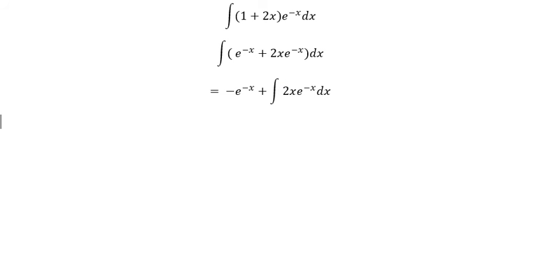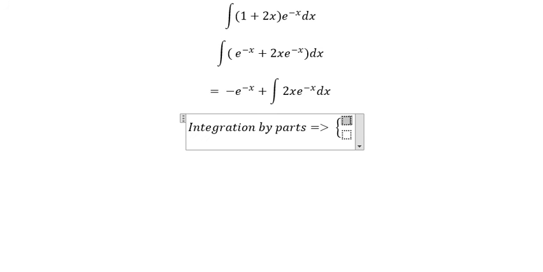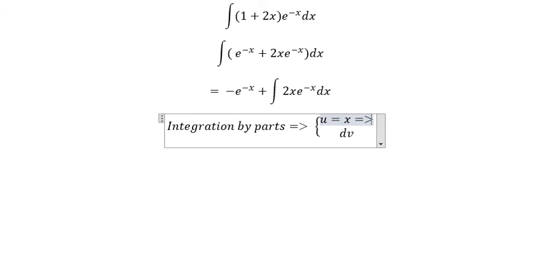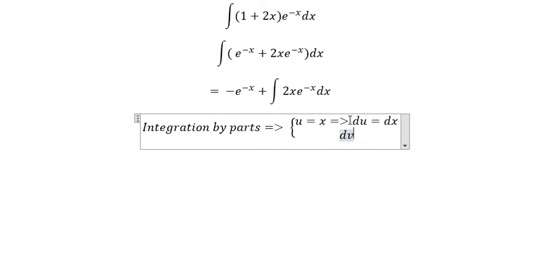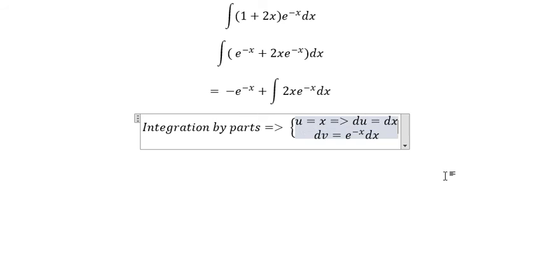In this situation, we can use integration by parts. We have u and dv. u equals s, so we get du equals ds. dv equals e to the power of negative s ds.